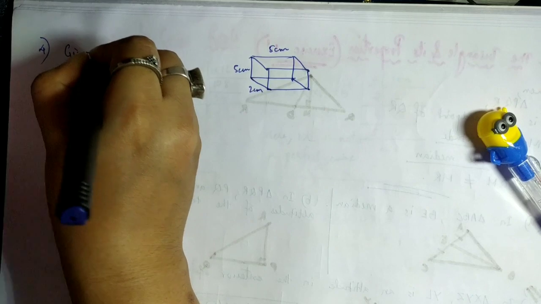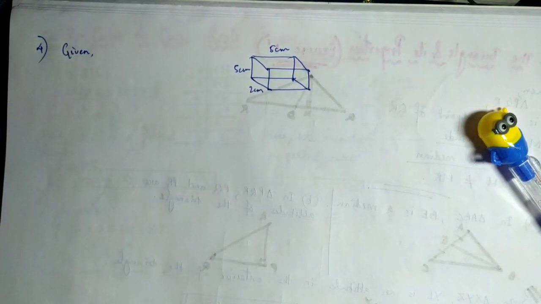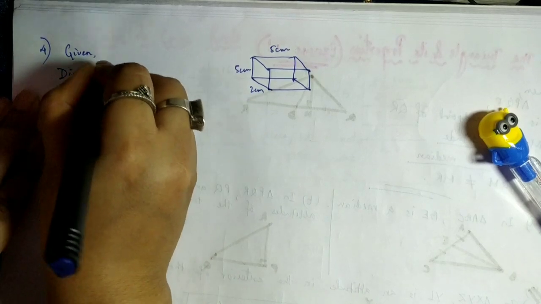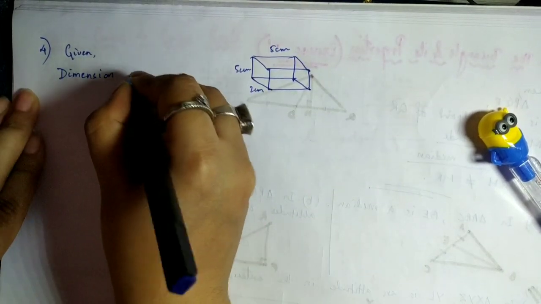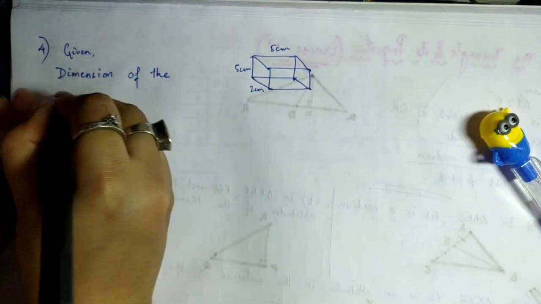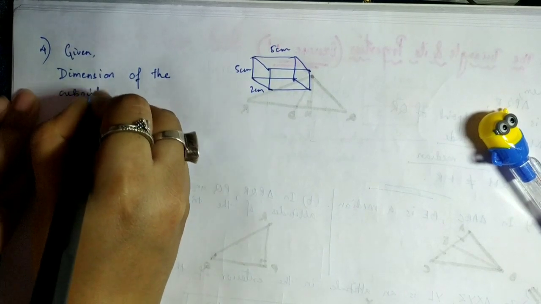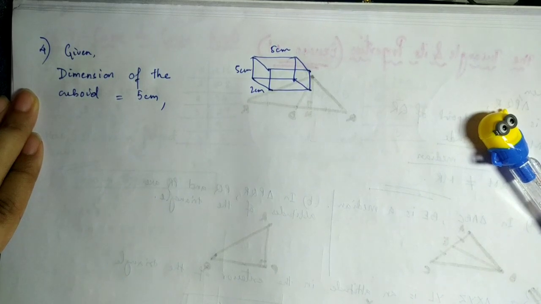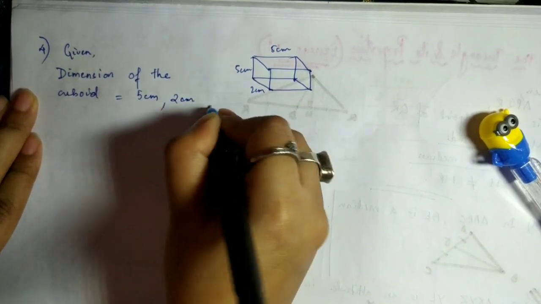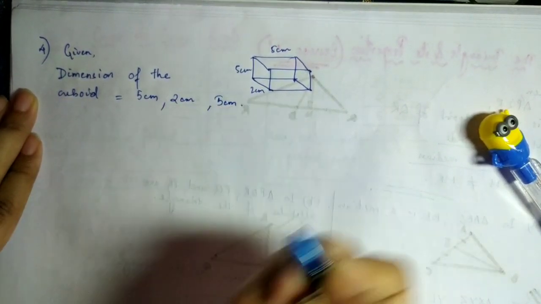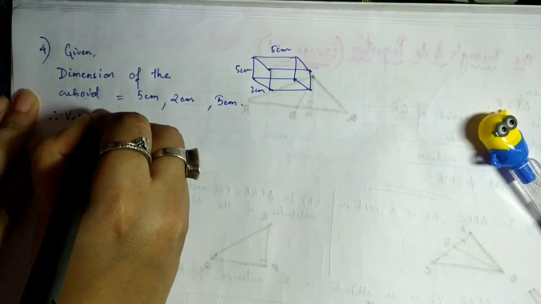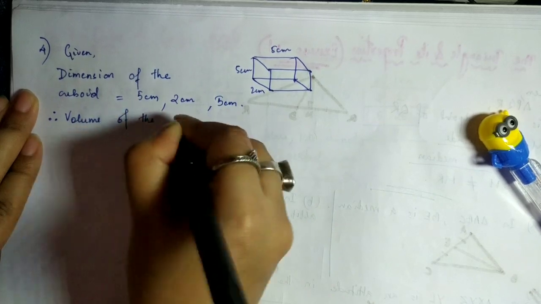Given the dimensions of the cuboid, let's write: dimension of the cuboid is 5 cm, 2 cm and 5 cm. So I'll first find the volume of the cuboid.